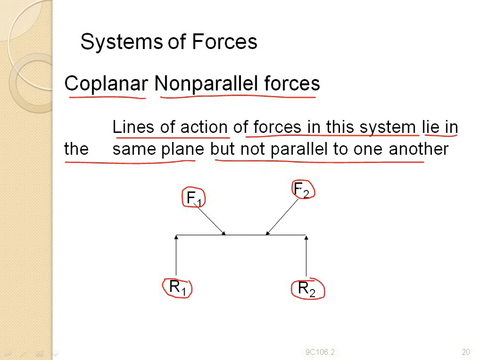These forces lie in the same plane but are not parallel to each other. In the previous case, the coplanar parallel forces are parallel to each other, like one force acting upwards on the right side and the center force acting opposite. But here they are not parallel. One force is going upwards, but two forces are going in an inclined direction. So they are not parallel to one another, and it is termed as coplanar non-parallel forces.